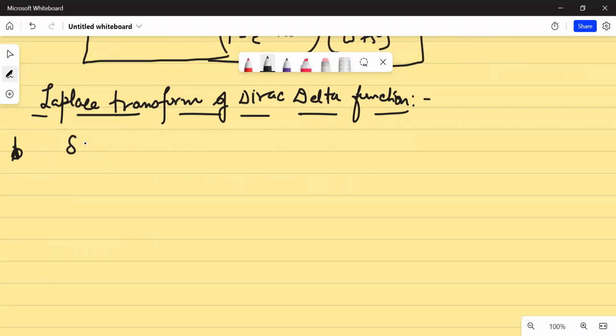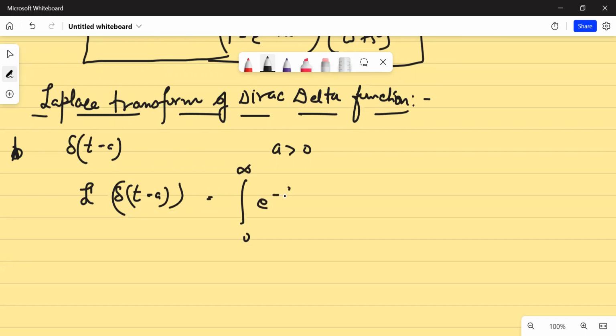For example, if you have a Dirac delta function stationed at a, where a is greater than 0, I have to find the Laplace transform of Dirac delta of t minus a. By the filtering property, I can do it from 0 to infinity, e to the power minus st, Dirac delta t minus a, dt.